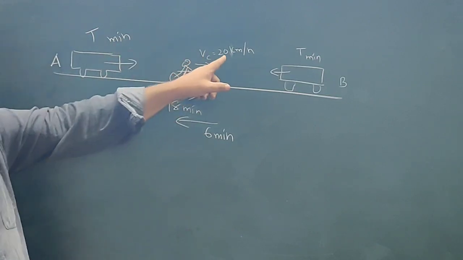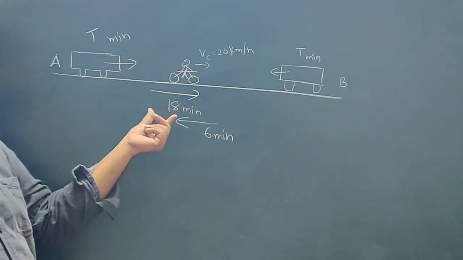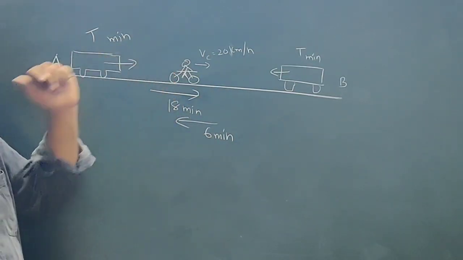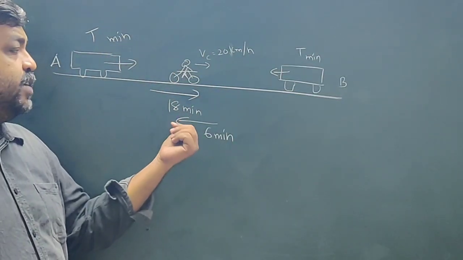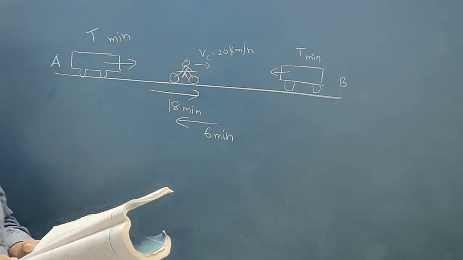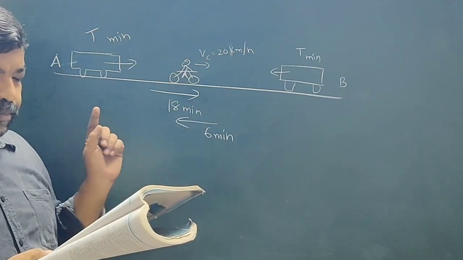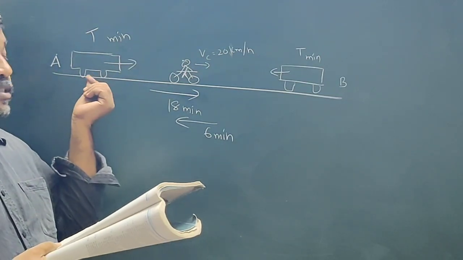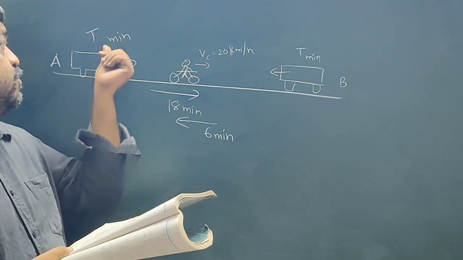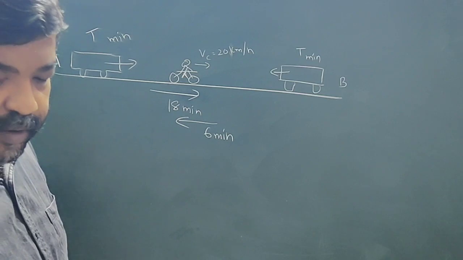The cyclist is traveling with a speed of 20 km per hour. In the direction from A to B, every 18 minutes a bus is crossing the cyclist. In the opposite direction, every 6 minutes one bus is crossing this cyclist. So we have to find T and with what speed the buses ply. That is, the speed of the bus we have to find, and also the time period T.